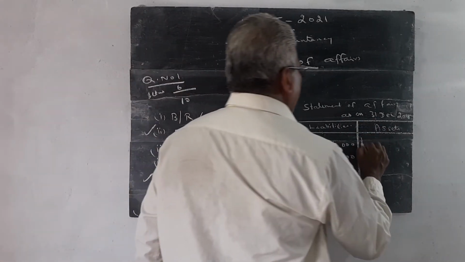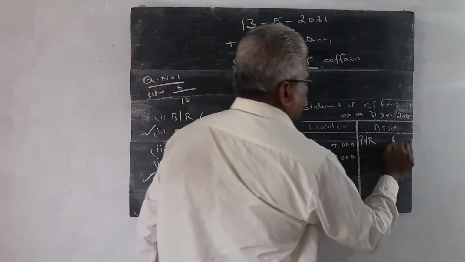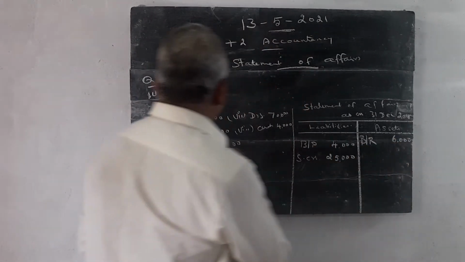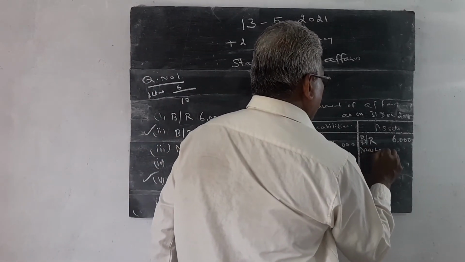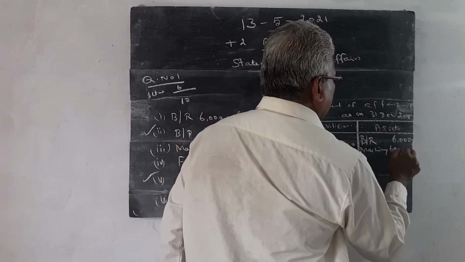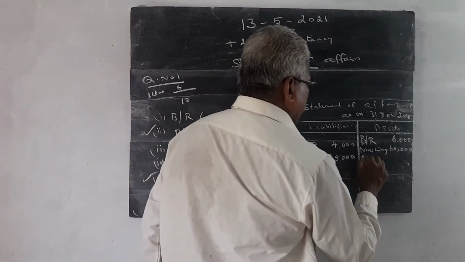Number 1, bills receivable. Bills receivable amount is 6,000. Then machinery 60,000. Then furniture 10,000.